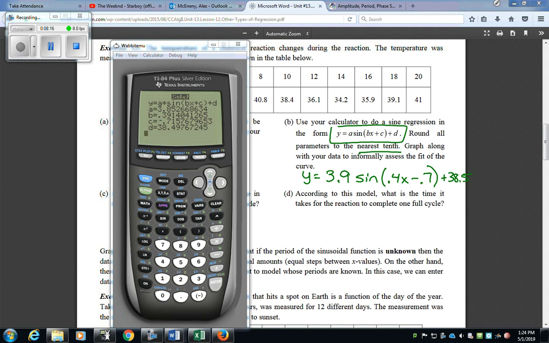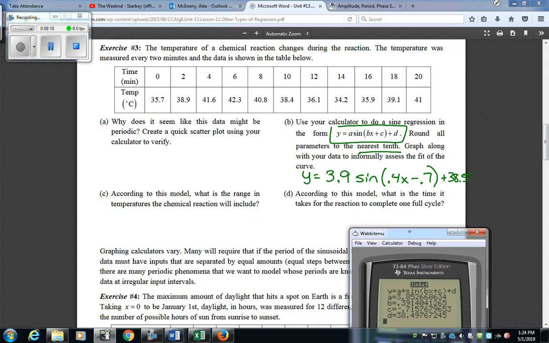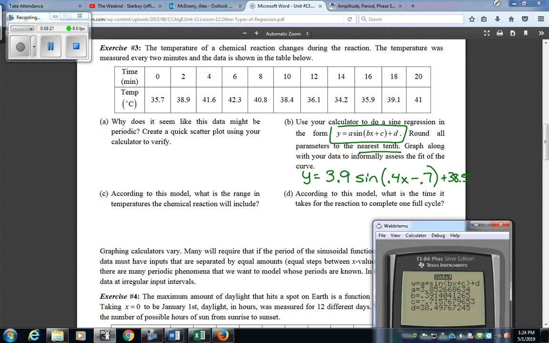Now, taking those values into account, they want us to know the range of the temperatures in the chemical reaction. So, to figure that out, you take the value for D, in this case the 38.5. That's kind of our midline.